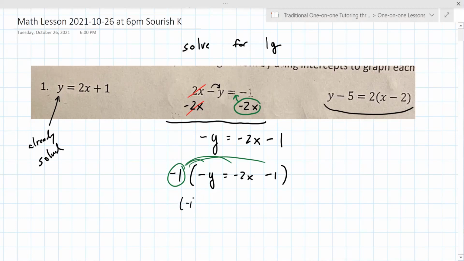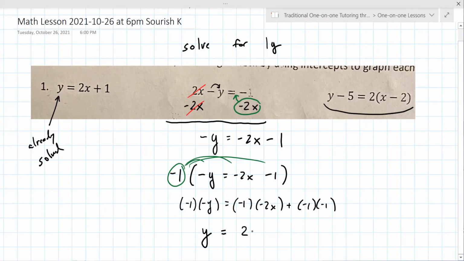So it's like this: -1 times -y equals -1 times -2x plus -1 times -1. Do you see how we're multiplying every single thing by -1? Now, these negatives make a positive, and a negative times a negative makes a positive.